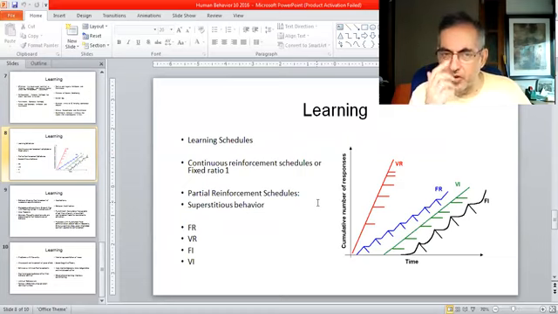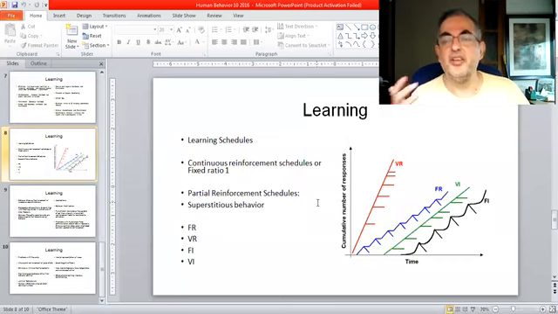But you can also have partial reinforcement schedules. In a continuous reinforcement schedule, the FR1, fixed ratio 1 reinforcement schedule, the training is very rapid. Learning happens relatively fast. But you can, of course, increase the ratio.